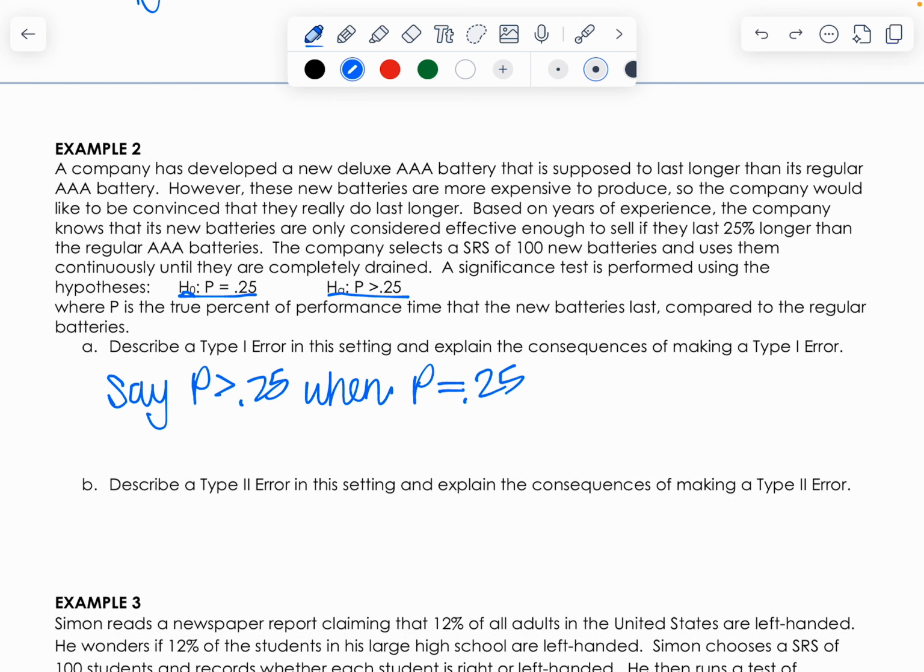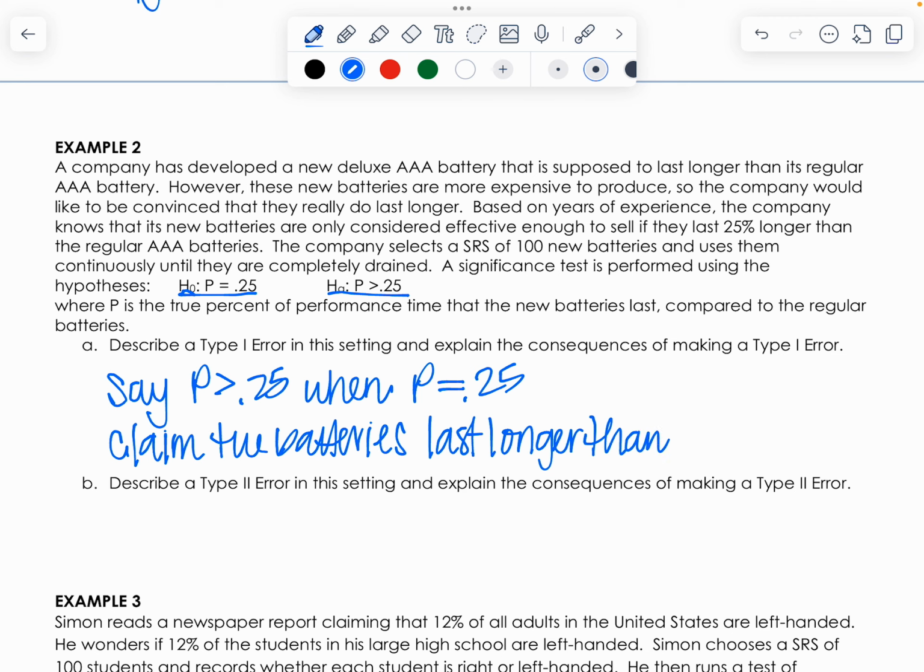So we claim the batteries last longer than they actually do.